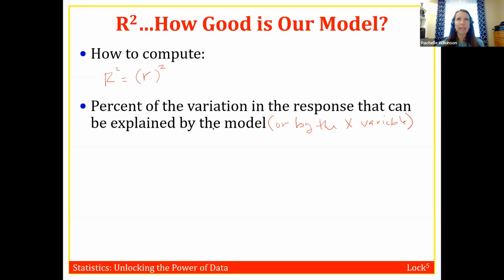All right, so what does this mean exactly? Well, let's think about when we're looking at height and weight. Let's say that we want to create a model to predict somebody's weight based on their height. So height would be x, weight would be y. If I look at my sample data, I would see that there's a lot of different weights in there.